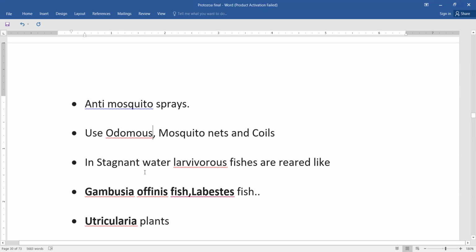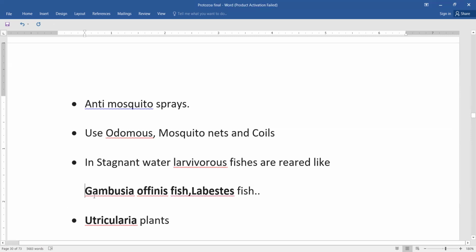Also, where water is stagnant on the road or in the drainage areas, we should grow larvivorous fishes.